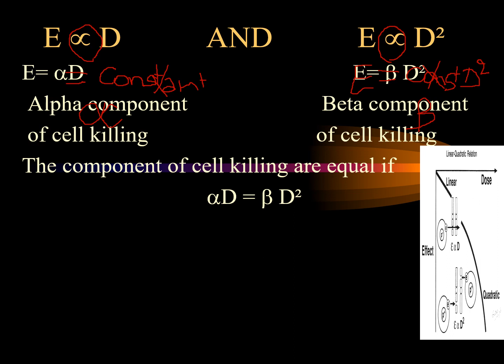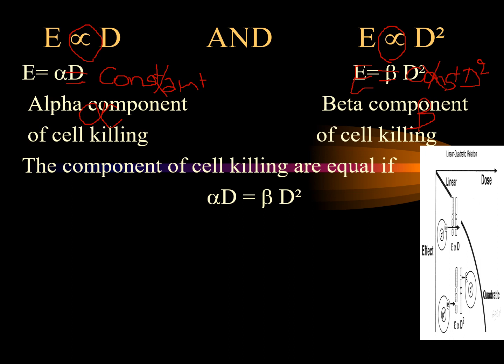The alpha component effect happens first, then a change at a certain point will start the beta component of cell killing. And at this point, the alpha component of cell killing is equal to the beta component of cell killing. If you understand that, everything now will be very, very simple.